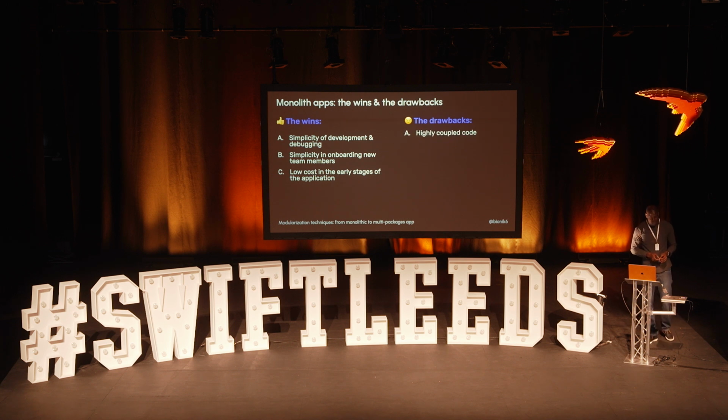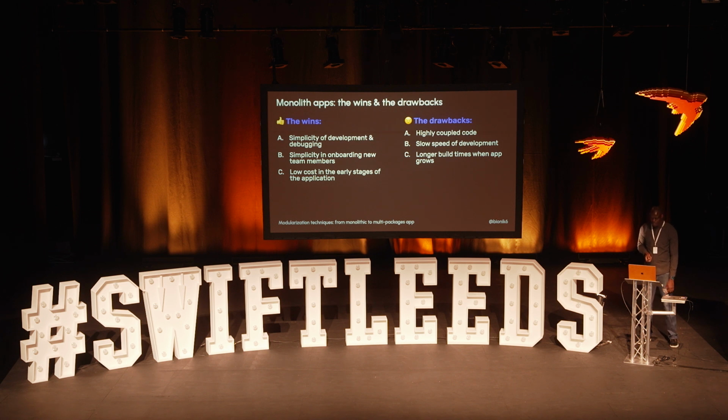And now for the drawbacks, okay? So we have definitely highly coupled code. Like the slide I showed you, everything is talking to everything. We have slow speed of development, since when the app grows, you are going to decrease in performance and productivity.